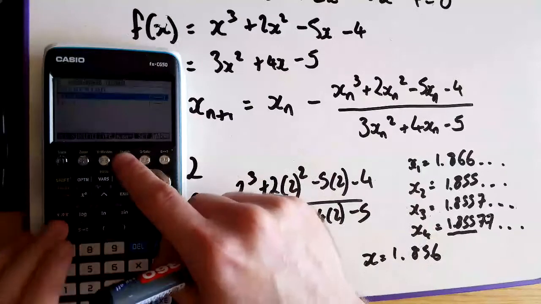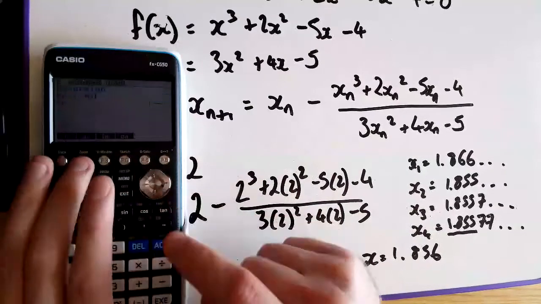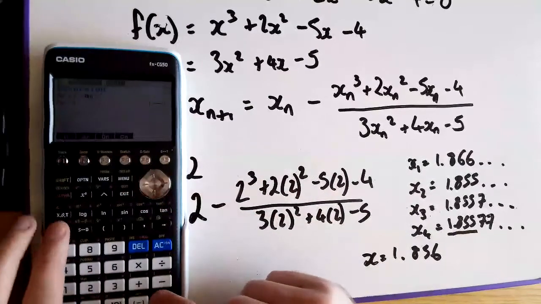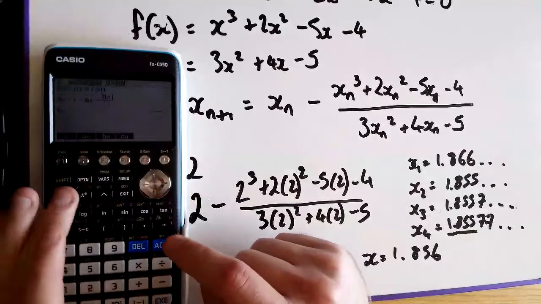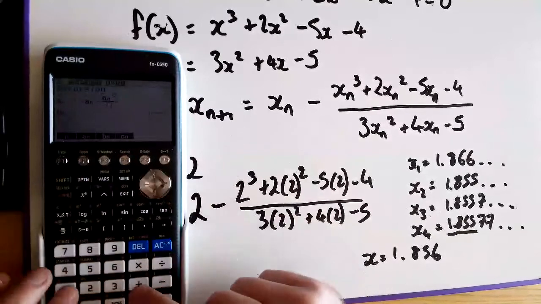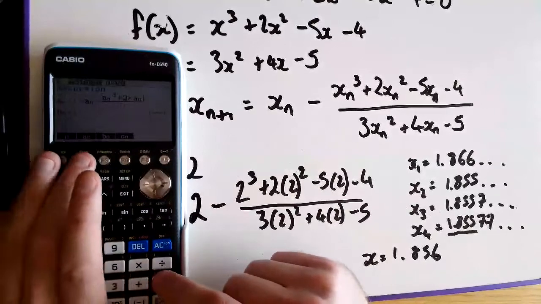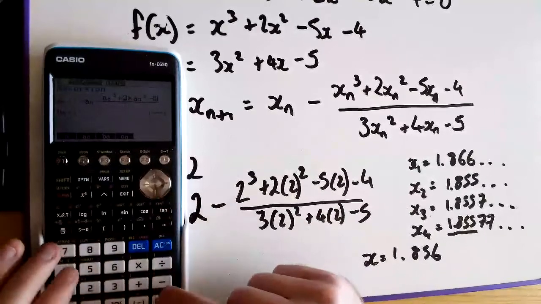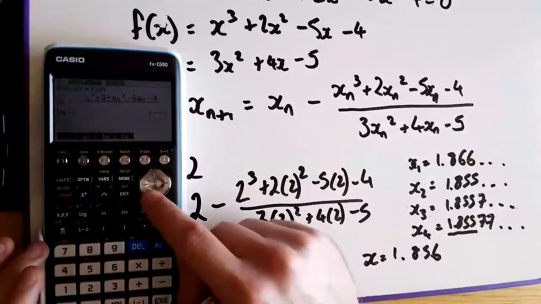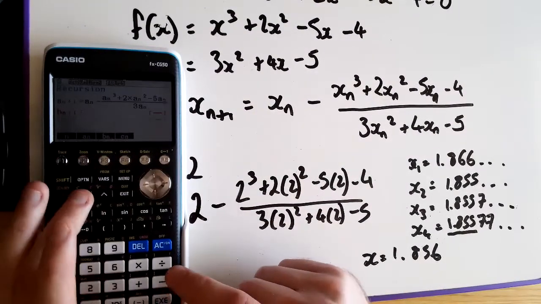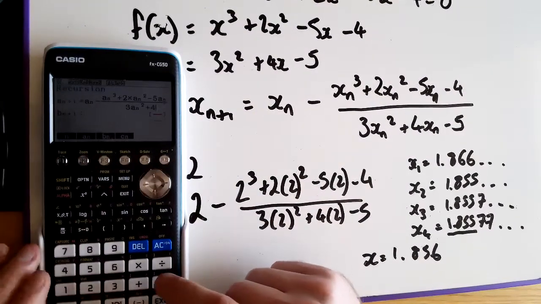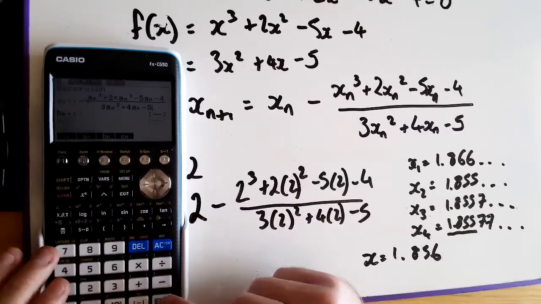So it was xn, or they've used a, so an, take away a fraction, an cubed plus 2 times an squared, take away 5 an, take away 4, over 3 an squared plus 4 an, take away 5.